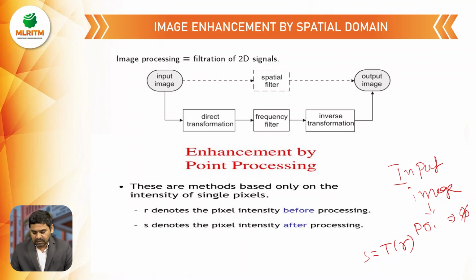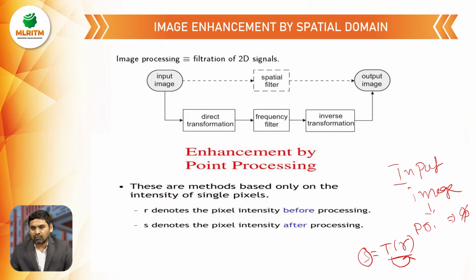T represents the transformation. Here the equation is S equal to T of R. So this transformation is applied to the input of a particular pixel only, and S is nothing but the transformation of the input pixel value.